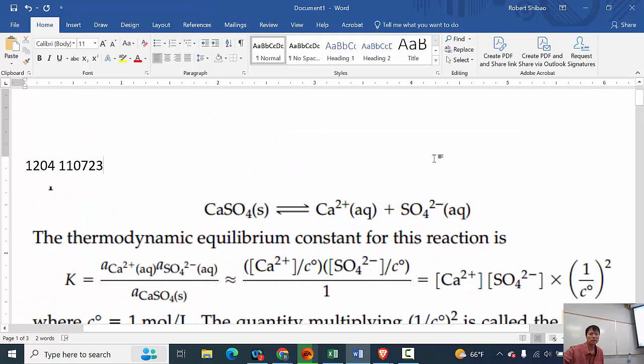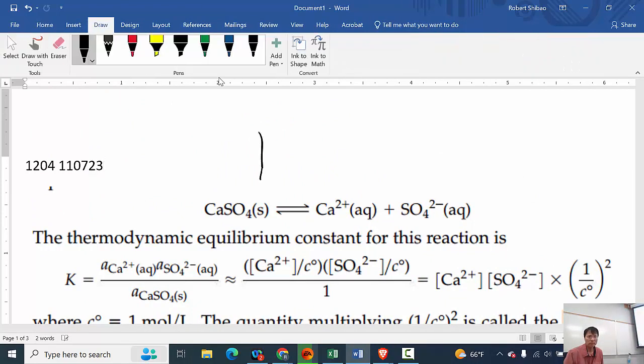So when I look at this equilibrium here, if we have this at the bottom of a beaker, let's say we have some solid calcium sulfate here at the bottom. Calcium sulfate's white. I'll make it green here. So this is solid calcium sulfate here. And then in the water, we're going to have a saturated solution of calcium ions and sulfate ions.